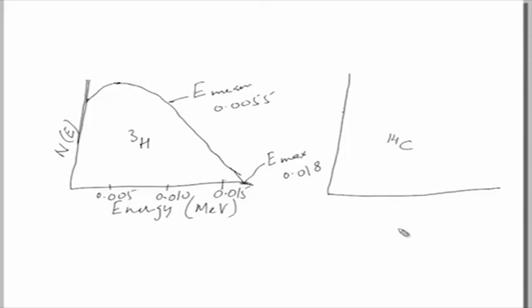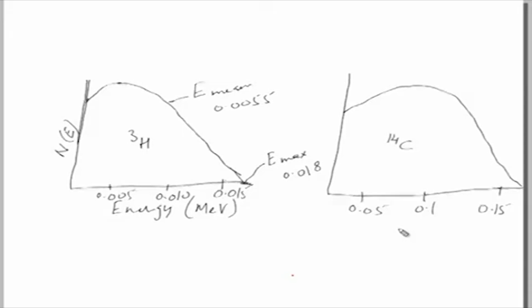Then it will also show a particular characteristic pattern. Here it is having a little higher energy because 3H is a weak emitter, but 14C is a medium energy emitter.